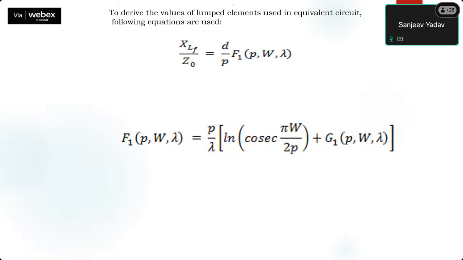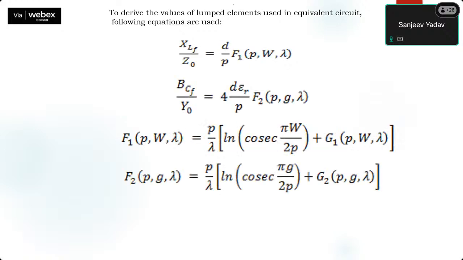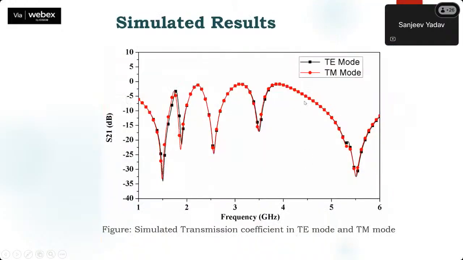I have also told these formulas in the previous slides. By using these formulas, we have calculated our values, and we have reached approximately nearby values: 1.5 nearby 1.44, 2 nearby 2.65, 3.4, 5.46.